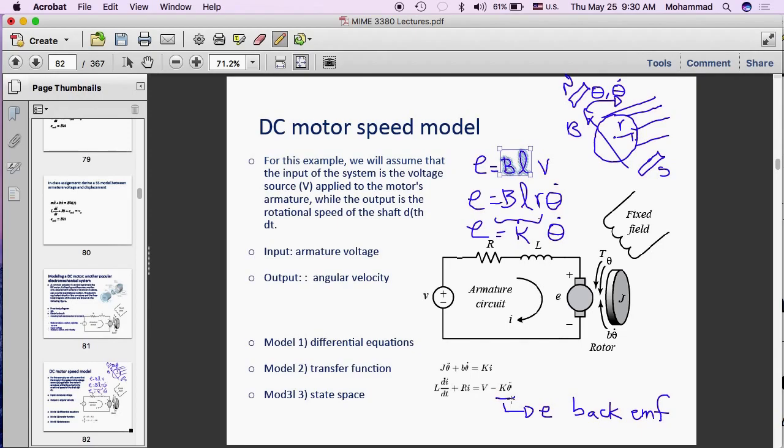Is it a current? Is it a voltage? No, it's a variable that captures mechanical rotation. And that's the nature of systems that have multi-physics in them. So in their equations, you have variables from both domains. So in that equation, you see current and voltage, but you also see angular velocity. Clear?